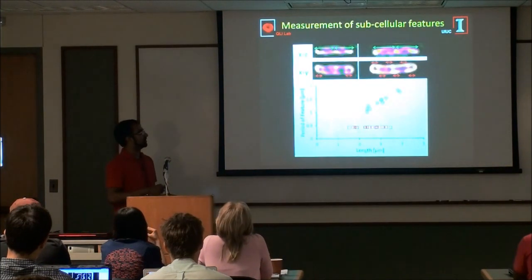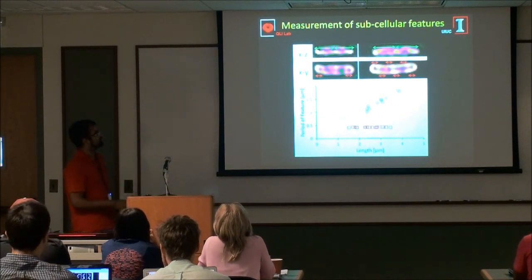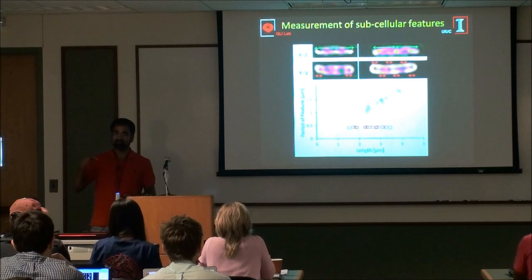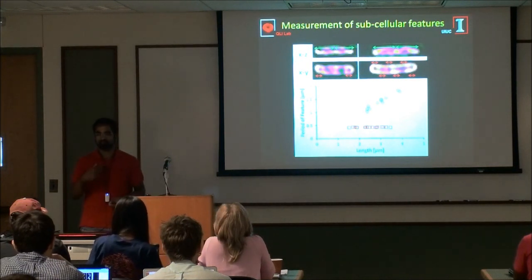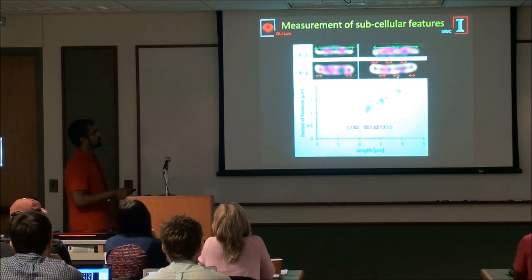But of course, our shortfall here is that we don't have specificity. We can tell you that we have these two structures, but we can't tell you what they are unless we're able to tag different proteins, and either by a process of elimination or by getting it right the first time, tell you what the structure is.